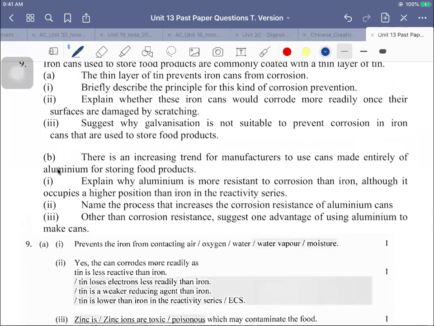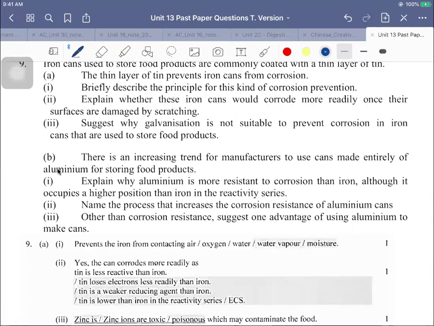So once it gets scratched, the iron will actually lose electrons to the tin, and it actually speeds up the rusting process. You need to mention that part. That's the main reason, not the iron getting into contact with oxygen and water.